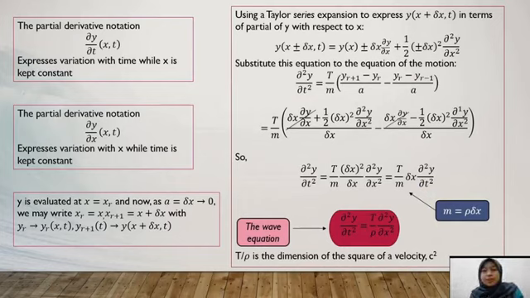Using a Taylor series expansion to express y at x plus or minus delta x and t in terms of the partial derivatives of y with respect to x, it is described as y(x plus or minus delta x, t) equal to y(x) plus or minus delta x times the partial derivative of y with respect to x, plus 1 over 2 times delta x squared multiplied by the second order partial derivative of y with respect to x.